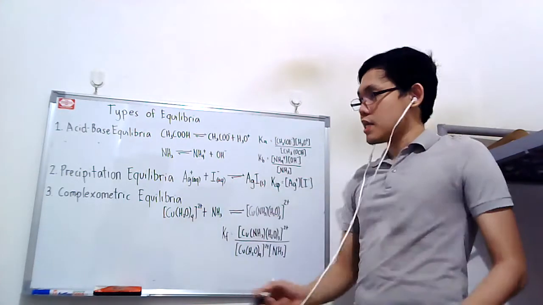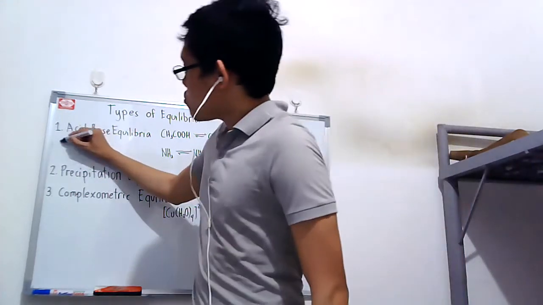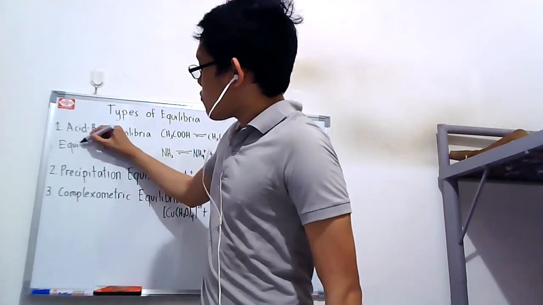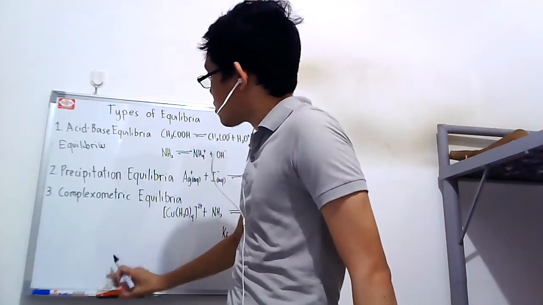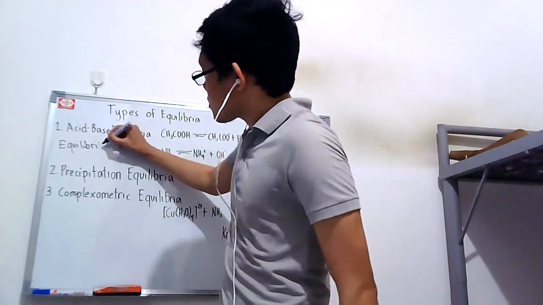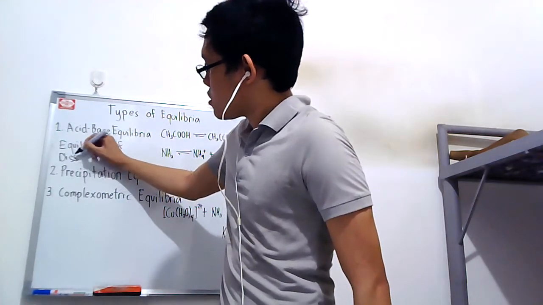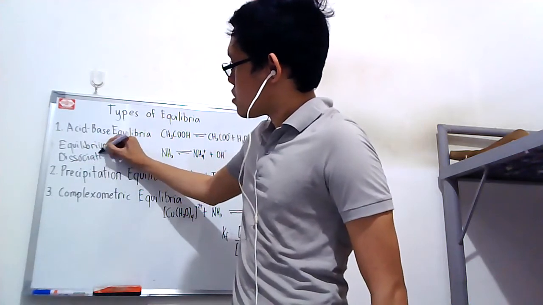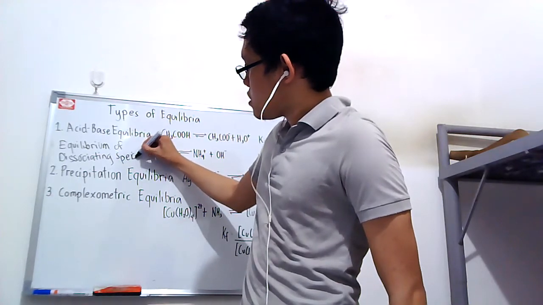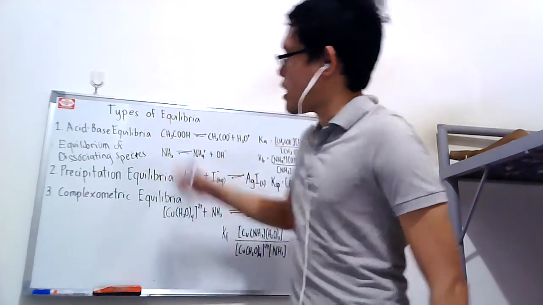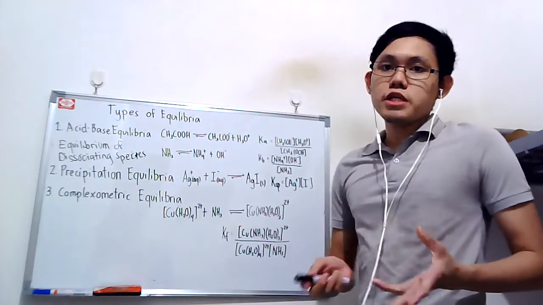Ang special dito is that they are considered as equilibrium of dissociating species. Ayan. So, sa acid-base equilibria, you have the equilibrium of dissociating species.